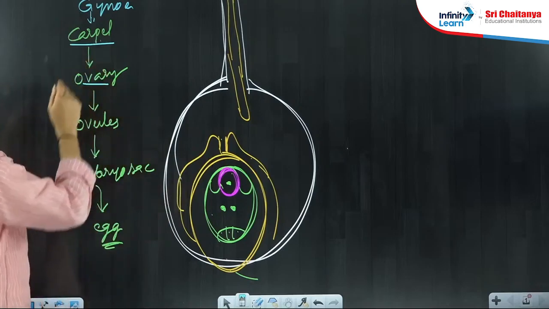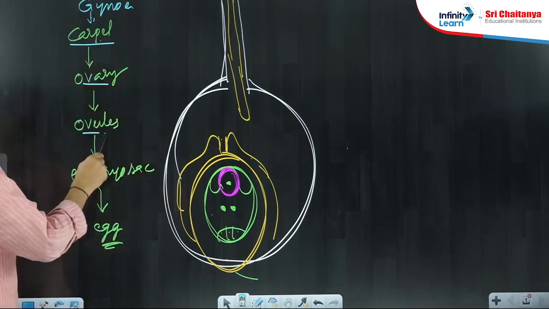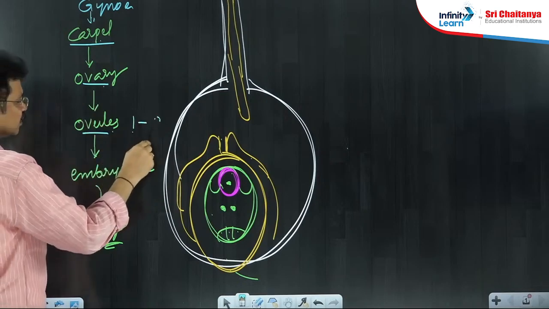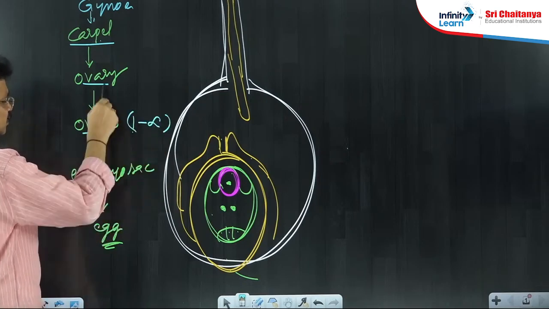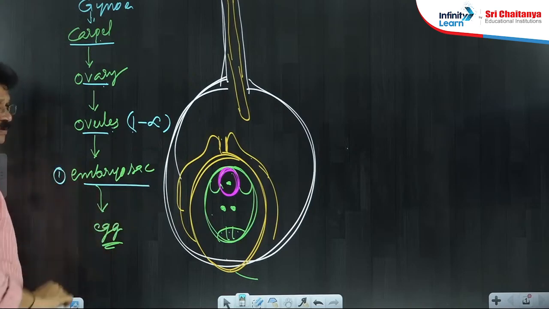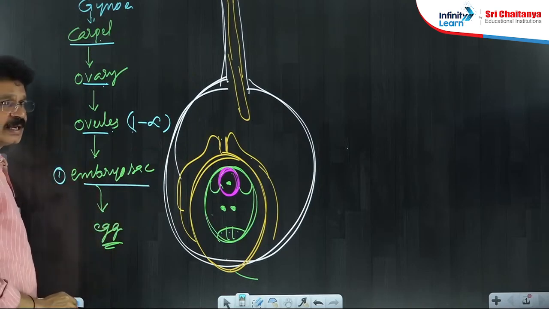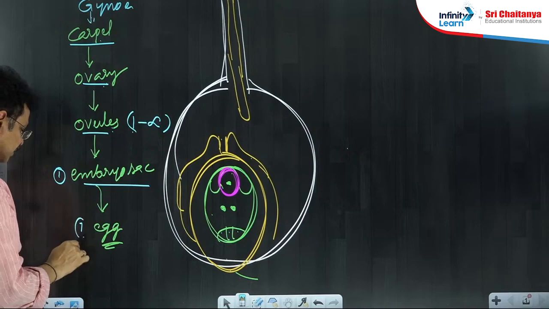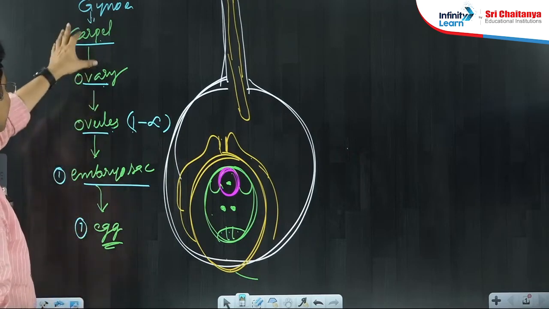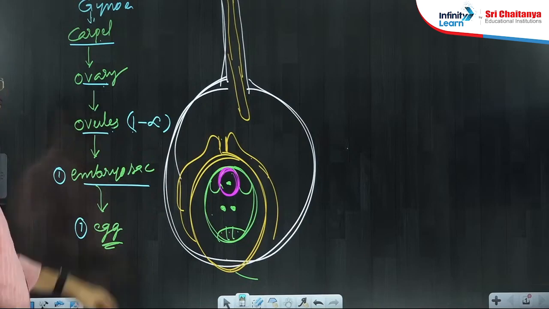The ovary is one of the parts of a carpel. The number of ovules is 1 to many in each ovary. In each ovule, a single embryo sac is there. That single embryo sac possesses only one egg. These are the different levels of organization in the female organs of the plant body.